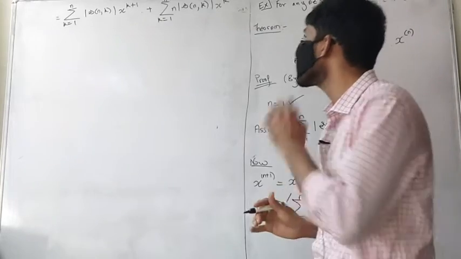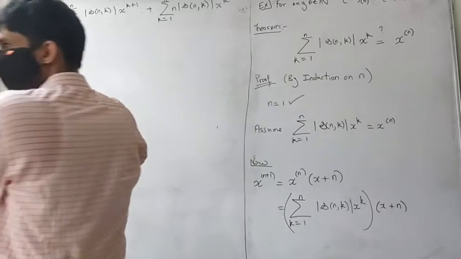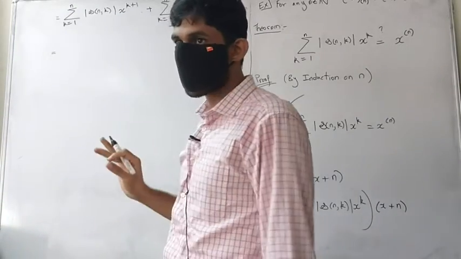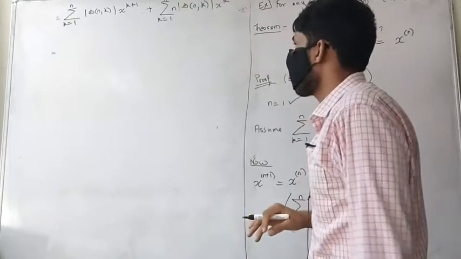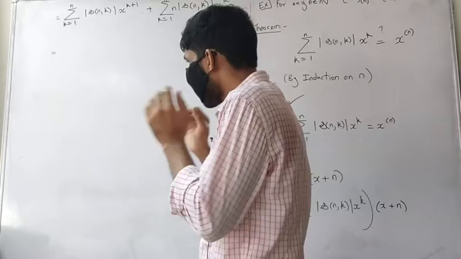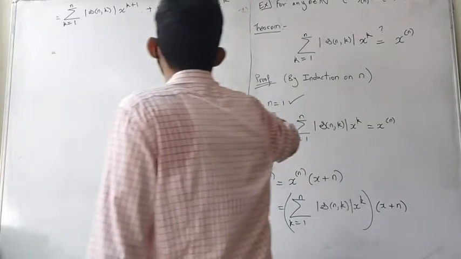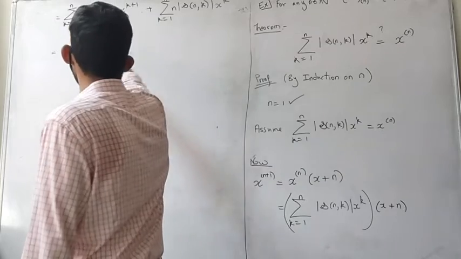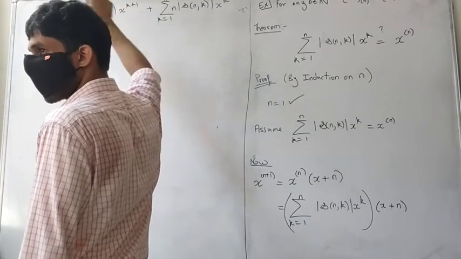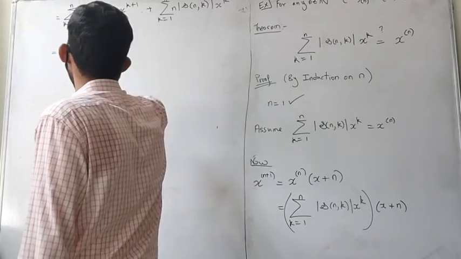Okay, so I want to match these. Let me see. I want to combine the x^k term here with the x^k term here. In fact, we can do it. This starts from x raised to 2, right? What would be the x term here?